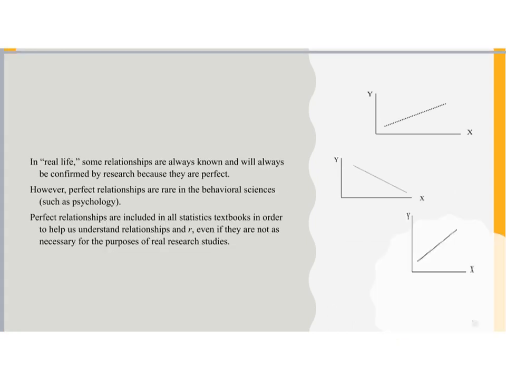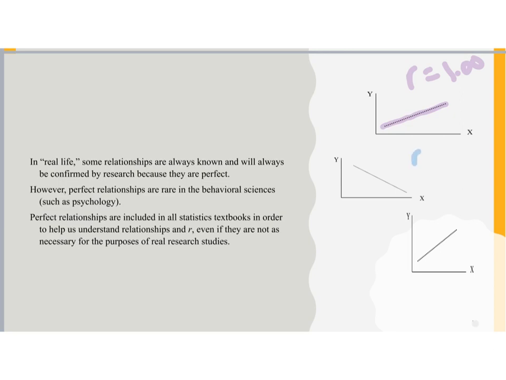As noted, when r equals positive 1.00, it indicates a perfect relationship. When there's a perfect relationship, we can draw a straight line that connects all of the dots because they're all perfectly aligned.